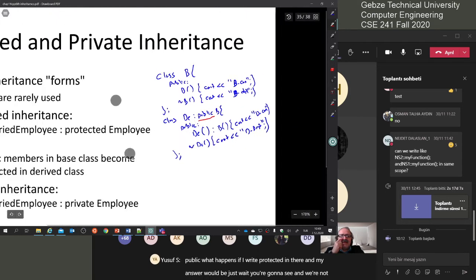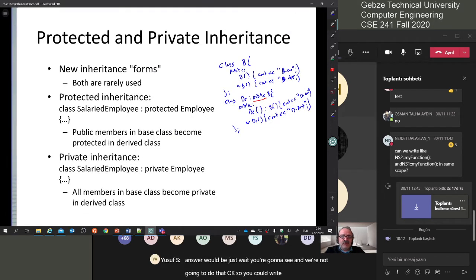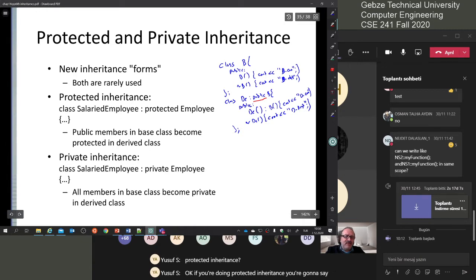Okay, so you could write private or protected in that position, but we never do that, okay? Protected and private inheritance is possible in C++, but I have never used it. I did not see anybody using it, but they are there, okay? If you are doing protected inheritance, you are gonna say salary employee is an employee, actually it's a protected inheritance.